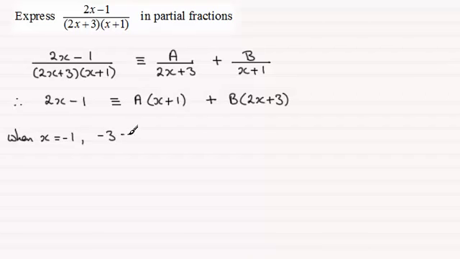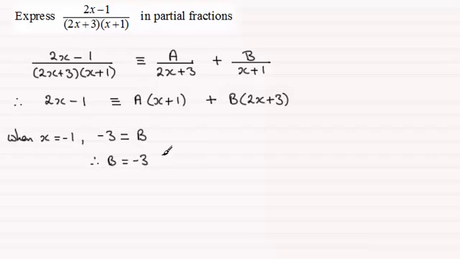And then we change this to equals now because we're dealing with an equation as opposed to the identity. And putting minus 1 in here, this gives us this bracket to be 0, so a times 0 is 0. That's what we wanted. For this one, we've got 2 times minus 1 is minus 2, plus 3 brings that back to 1, so we got 1b, or just simply b. So therefore b is equal to minus 3.